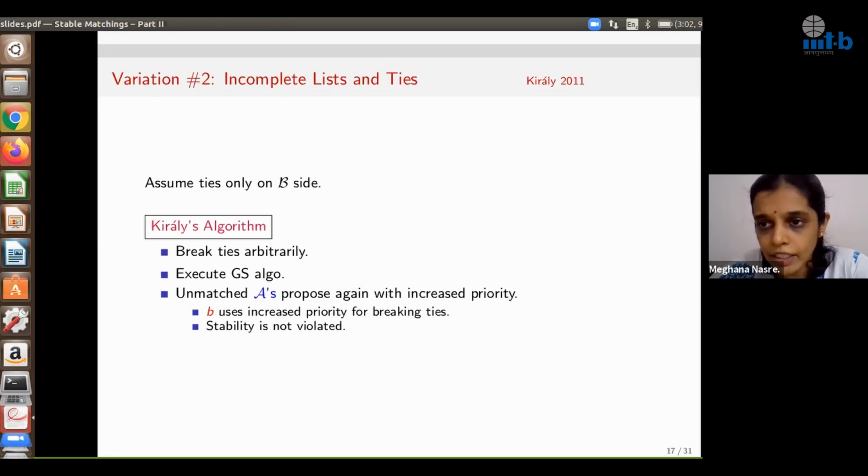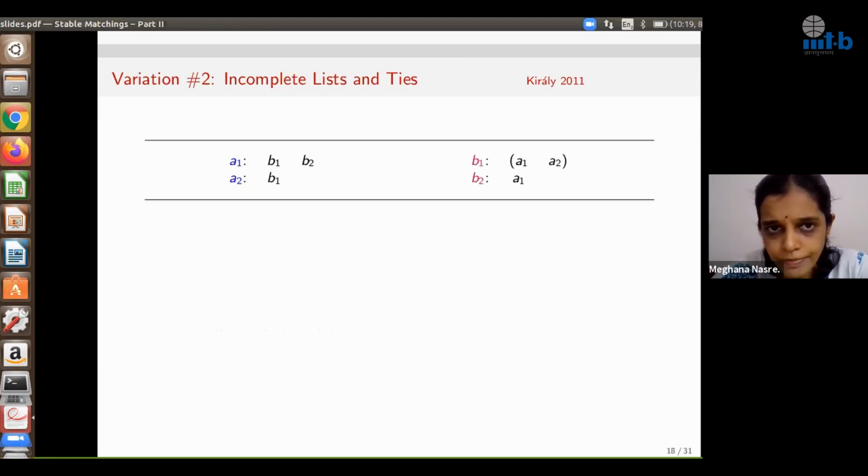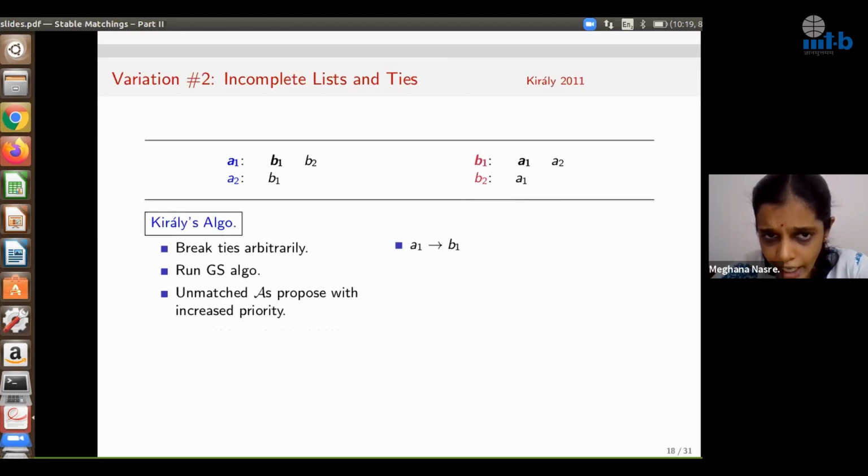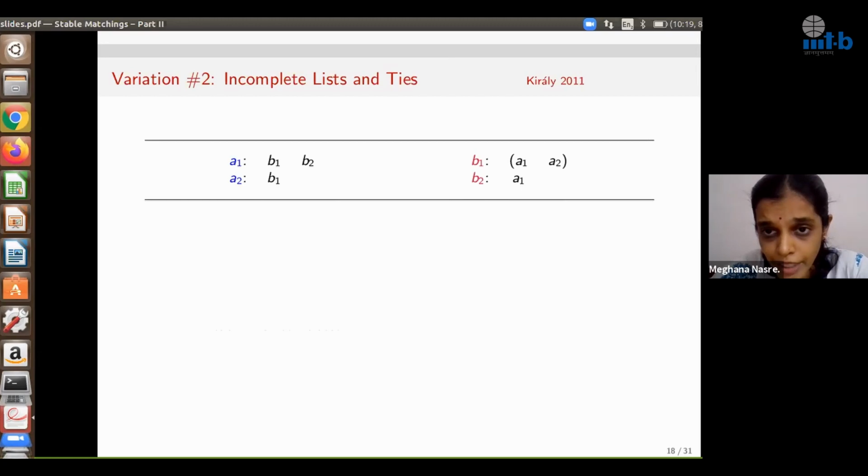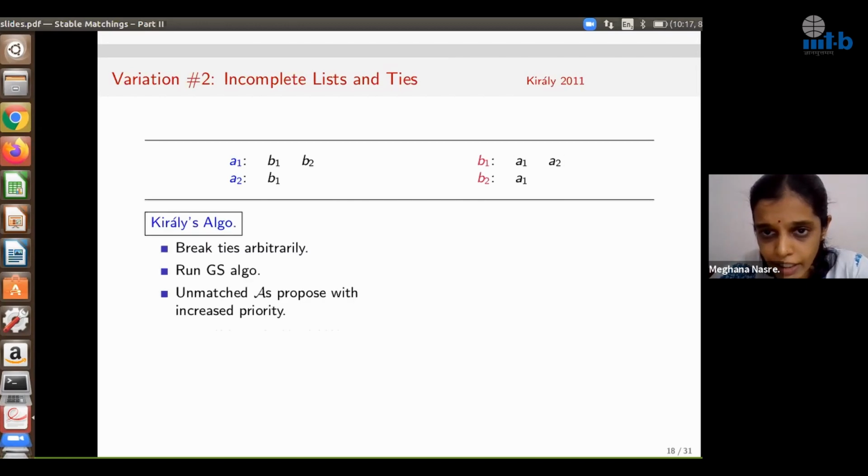The goal that we left is we want to show that this is a good approximation to the maximum size weakly stable matching in the instance. So we had this execution in action. If this is the instance, we break the ties arbitrarily, but we break it unfavorably for us. That is, we know that if we break it as A2, A1, we will get a maximum size stable matching, but we break it in the bad way, that is A1, A2.